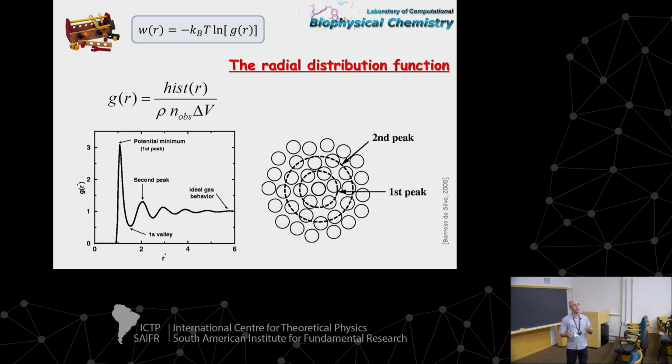In terms of practical means, the easiest way to do it could be to count histograms. So you divide this into layers, and you count the number of observations that you have between different layers. So here's the volume, here's the number of observations, the density that you have of the whole system.